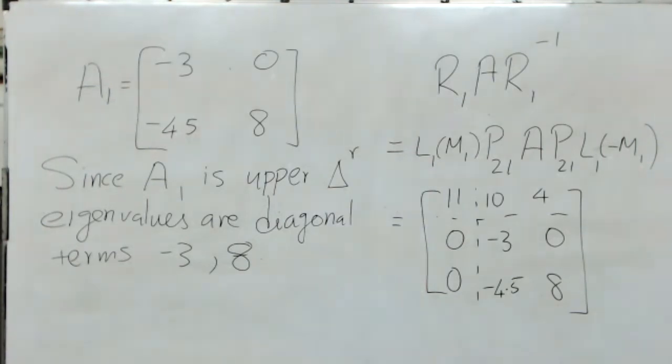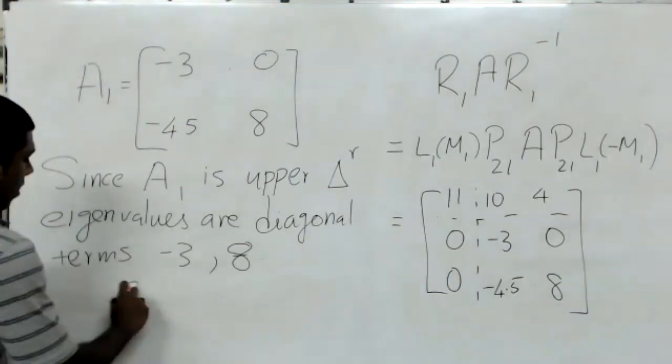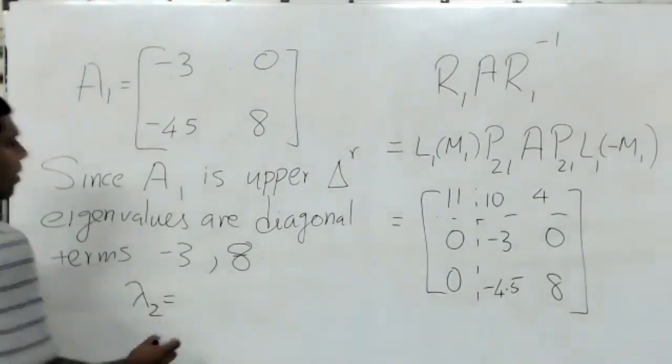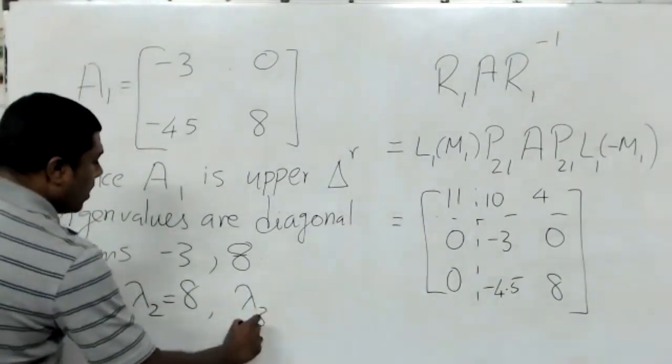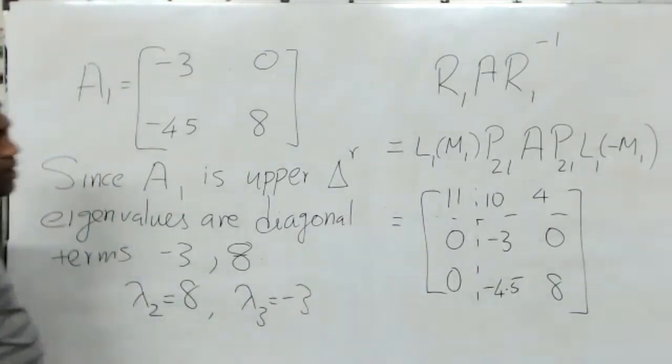So in this case, you know that the diagonal terms are your eigenvalues, so you can directly write down the eigenvalues without applying the power method. Otherwise, you are supposed to apply the power method. Here lambda 2 is the biggest one, so that is 8, and lambda 3 is minus 3.